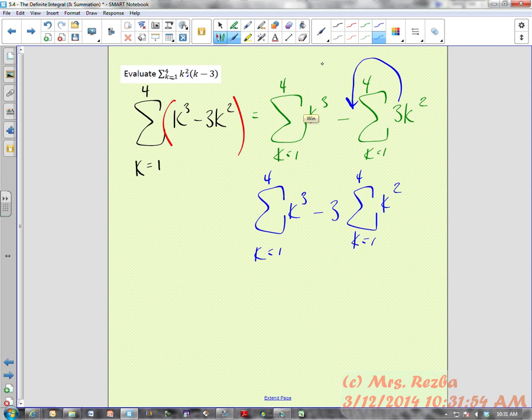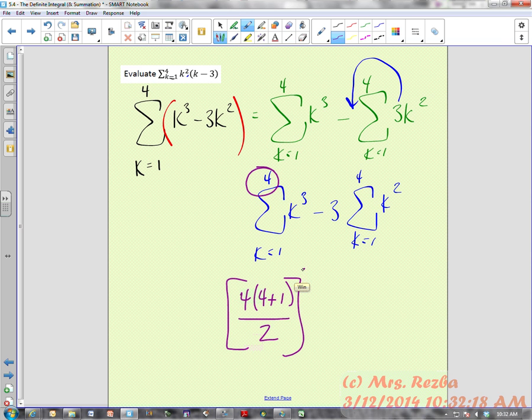Okay, so looking at this, we can use our formulas now. Remember, for k cubed, it's n times n plus 1 divided by 2, that entire quantity squared. Here, our n is 4. So this term is 4 times 4 plus 1, all divided by 2, quantity squared.